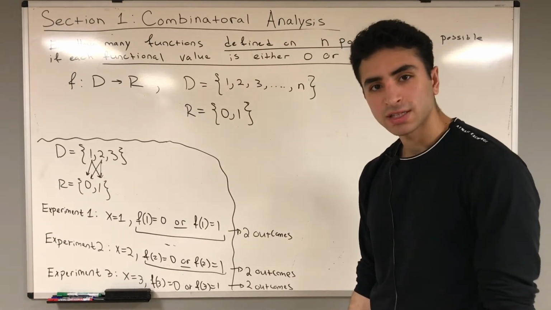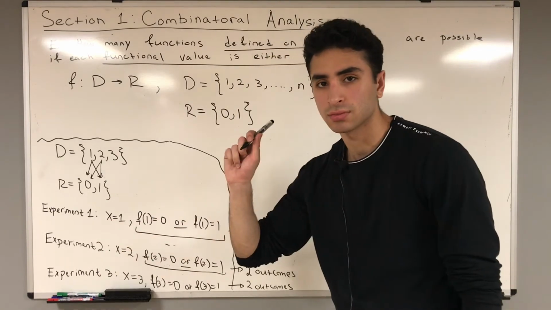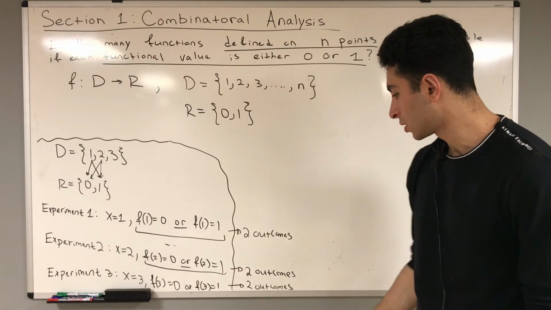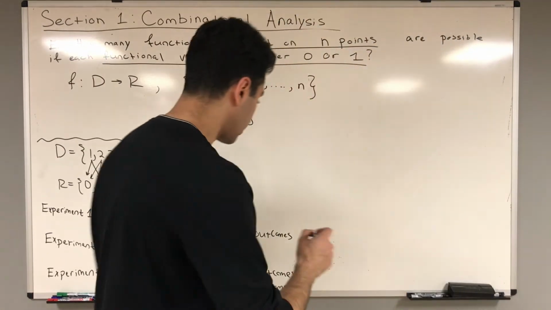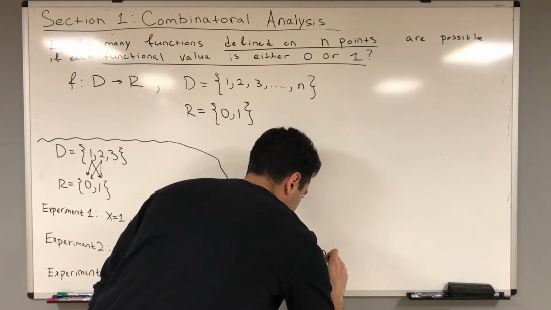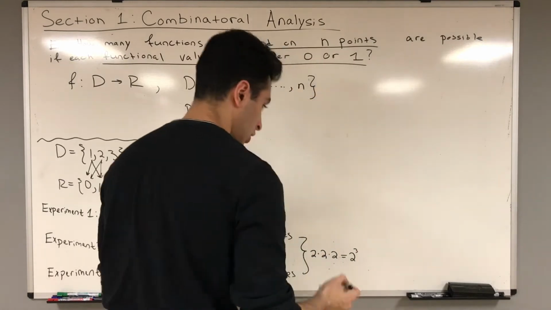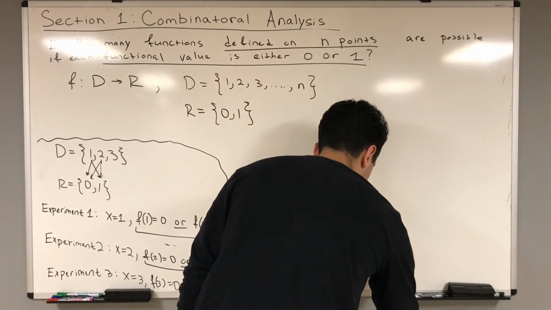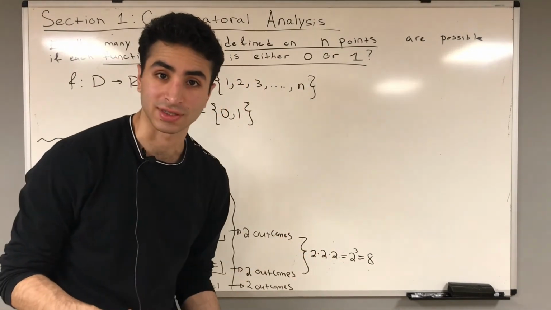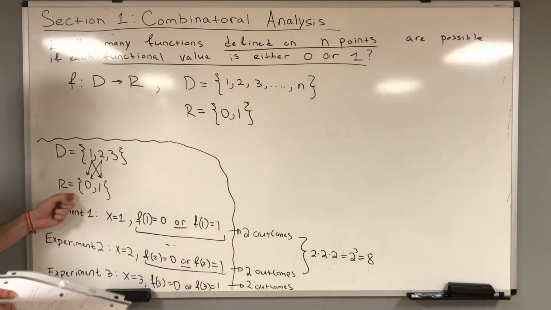So the generalized basic principle of counting says if you have 3 experiments and you have a certain number of outcomes for each experiment, all you have to do is multiply the number of outcomes together. So 2 times 2 times 2, which is 2 to the 3, which is just 8. 8 outcomes. 8 different functions that have this domain that map to this range.